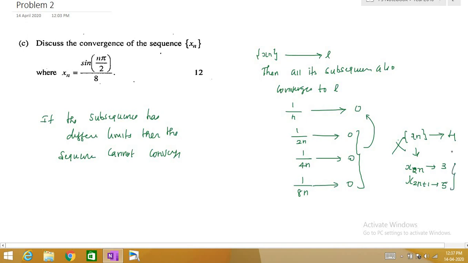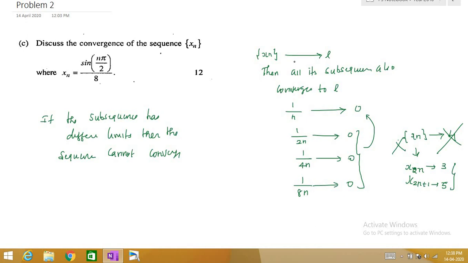If this happens, then the sequence cannot be convergent. If the subsequences converge to 2 different limits, or 3 different limits, or n different limits, the sequence cannot be convergent. So in order to show a sequence is not convergent, we can show that the subsequences have more than one limit, so therefore it cannot be convergent.